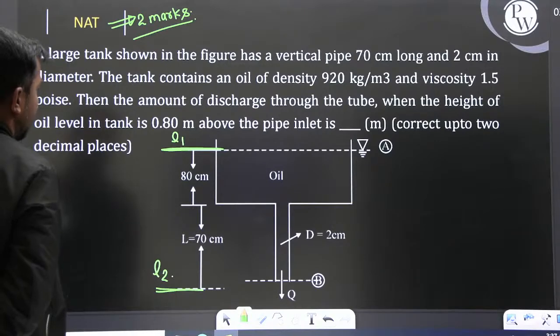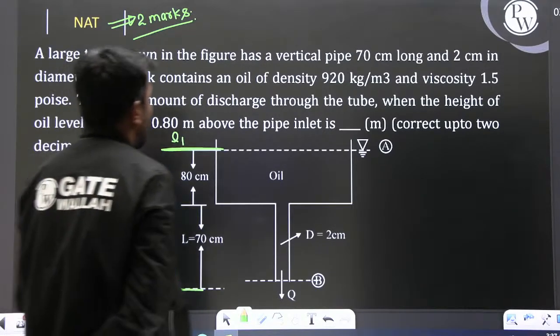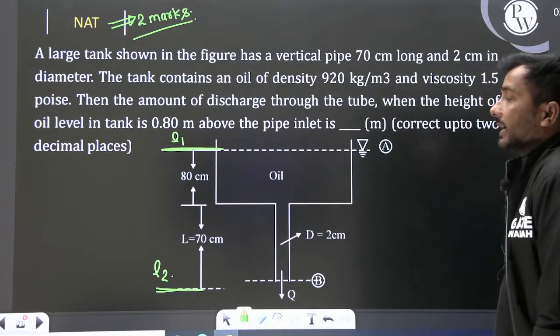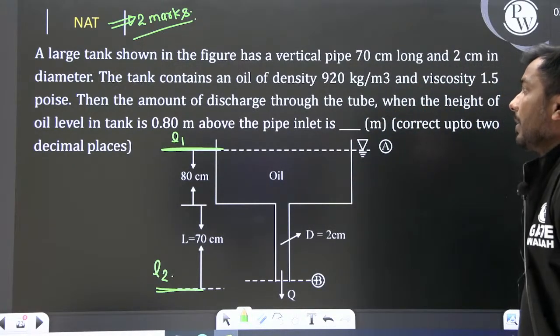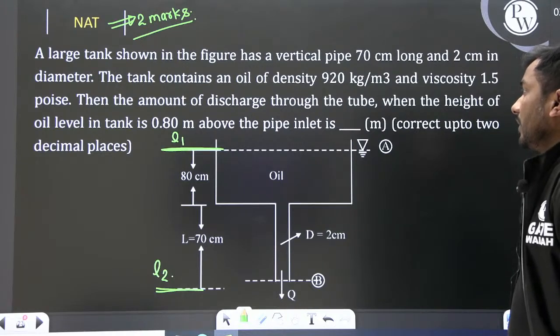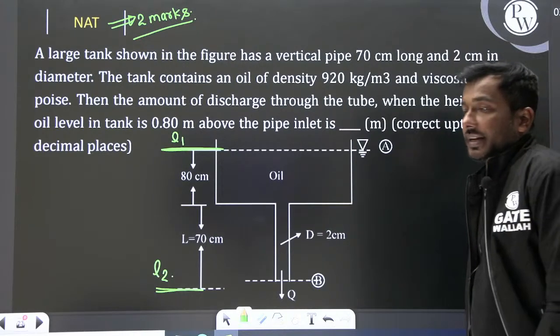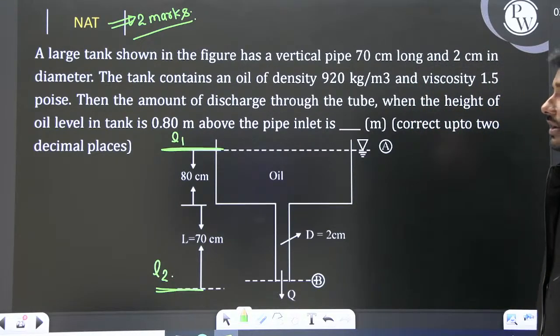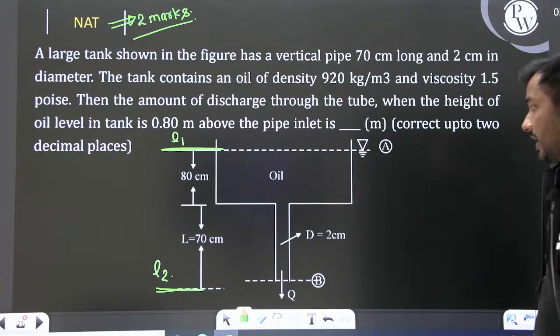Then what will be the discharge through the tube when the height of the oil in the tank is 0.8 meter above the pipe head? Assume fully developed laminar flow. First calculate the mean velocity of the flow, multiplied by the area, and you get the discharge.